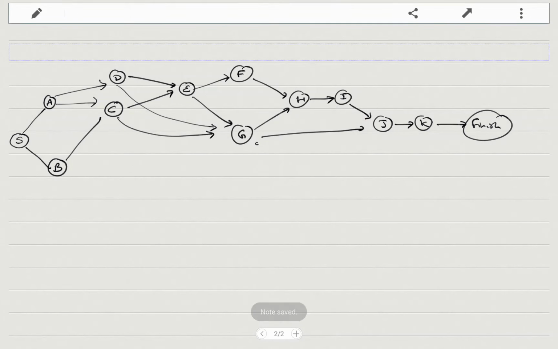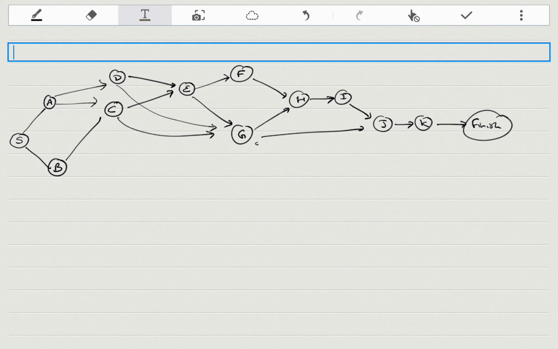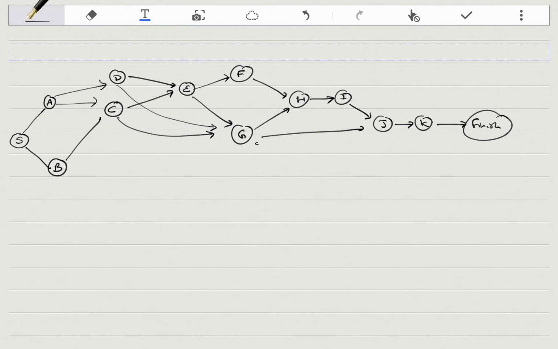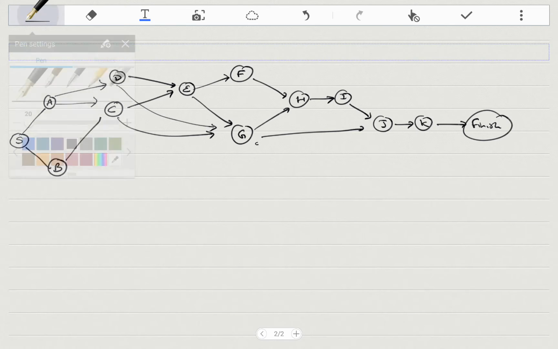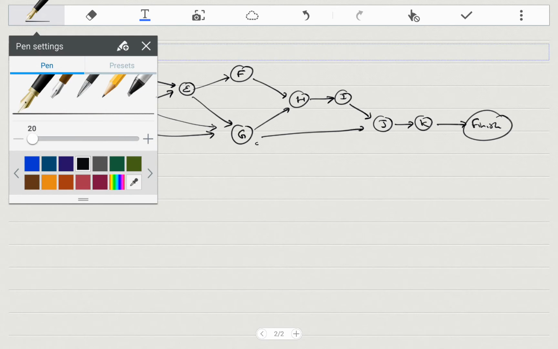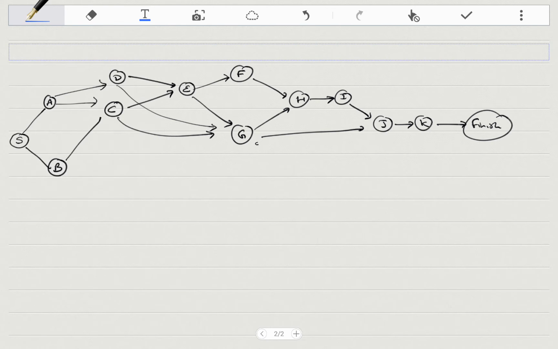Change the color here. Let me use blue here. All right, let me put the processing times. What we calculated, again, the numbers in mine will be different depending on what we choose to round up or down.